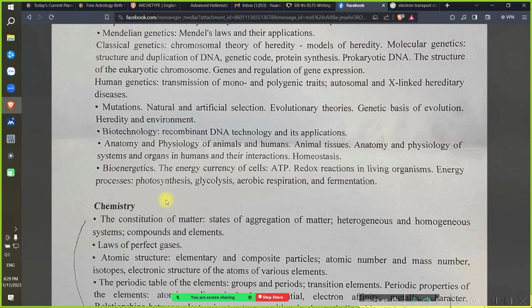Glycolysis. In glycolysis, a glucose molecule is taken into the cell and is converted into 2 molecules of pyruvate. So the main substrate for respiration here is glucose.